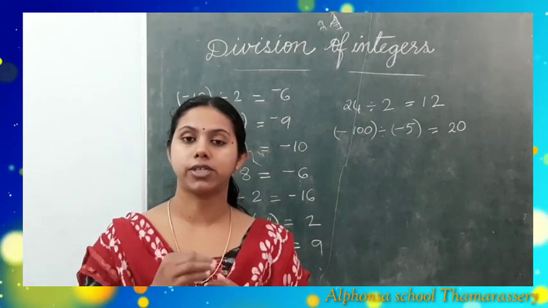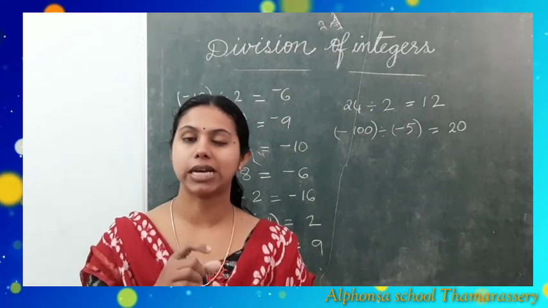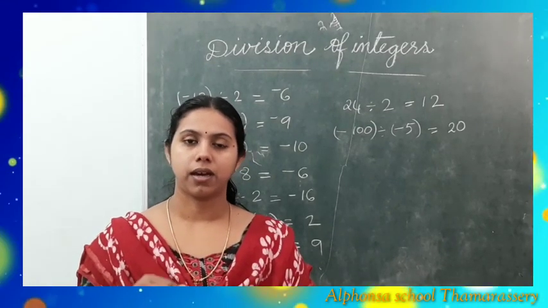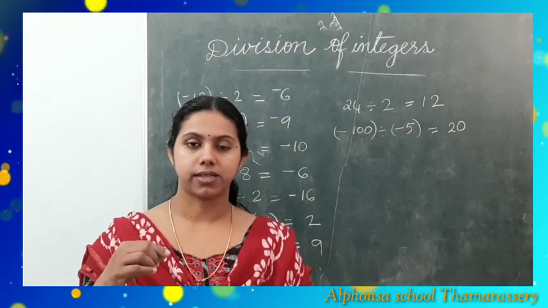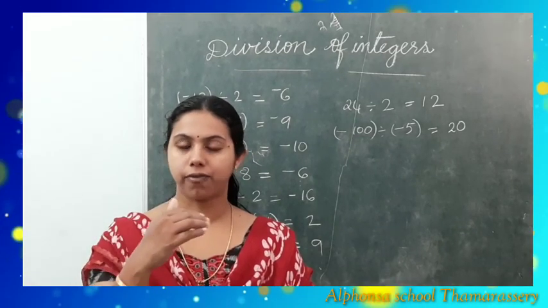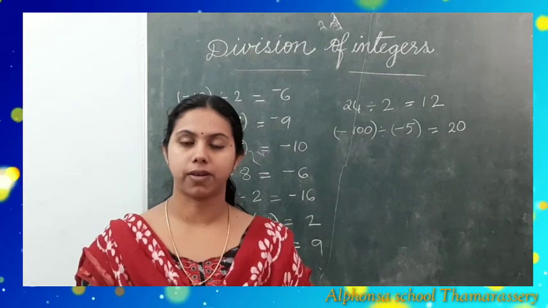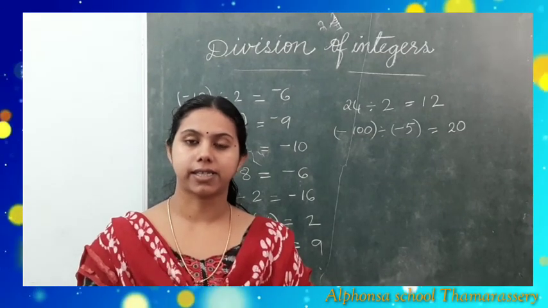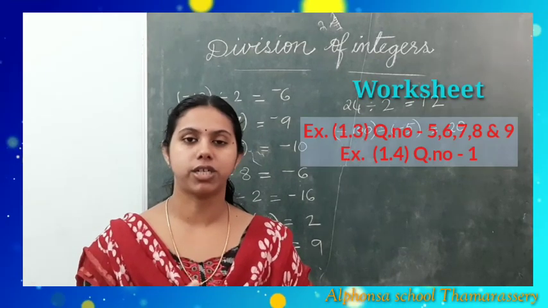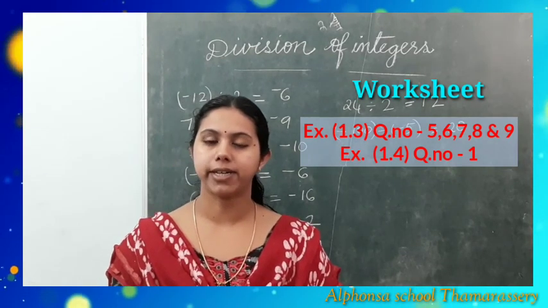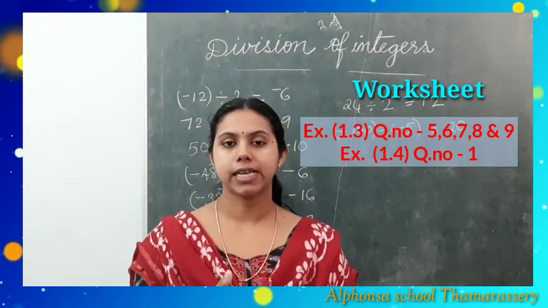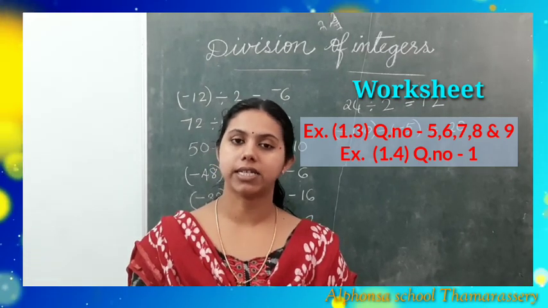Then whatever questions we discussed in this section, you should write them in the notebook. Then after writing all the questions from the multiplication part, you should write exercise 1.3. Your worksheet is exercise 1.3, question number 5, 6, 7, 8 and 9.